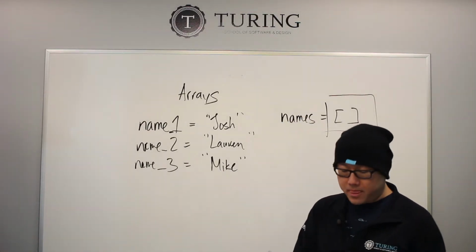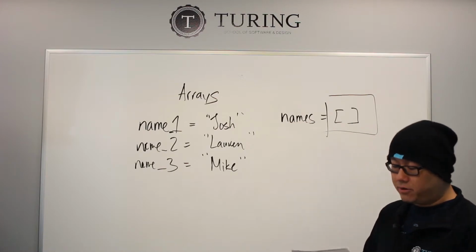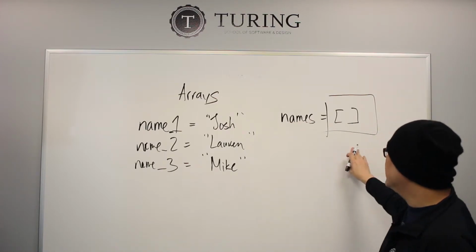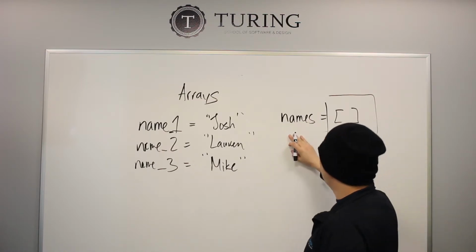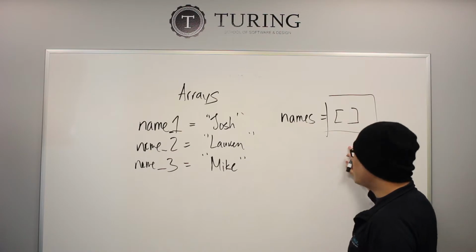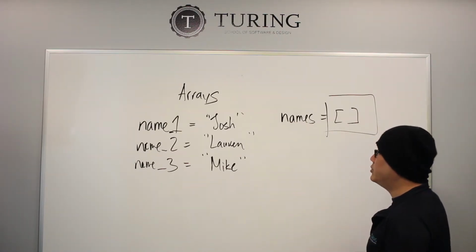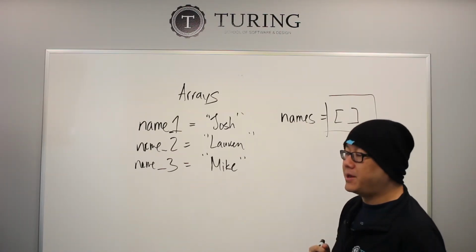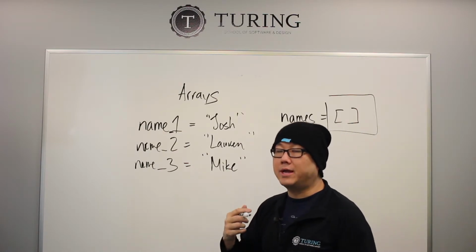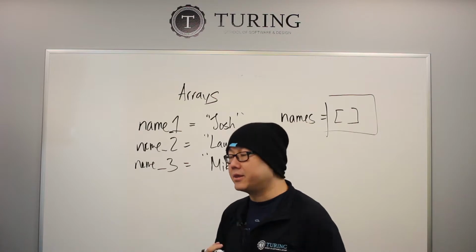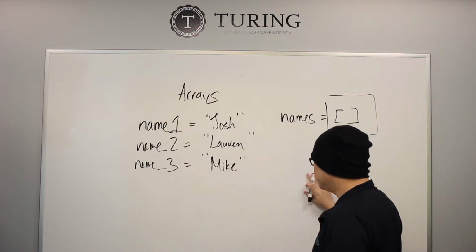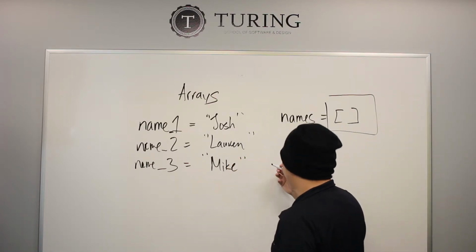So now, let's talk about how we can tell that this is an empty array. If names, the local variable names, is storing this empty array, what can we do to it? Let's talk about the first method. Previously with strings, we saw that strings had methods such as upcase, downcase, length. The first thing we're going to show you is the count method.